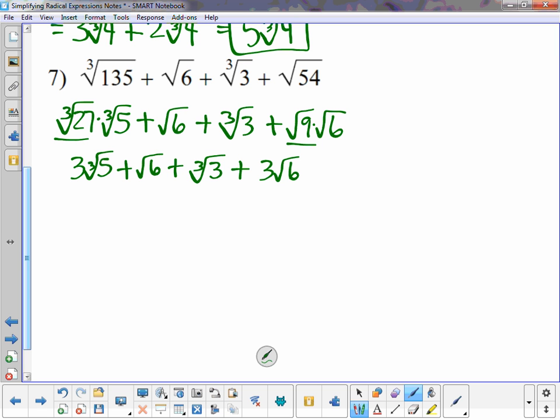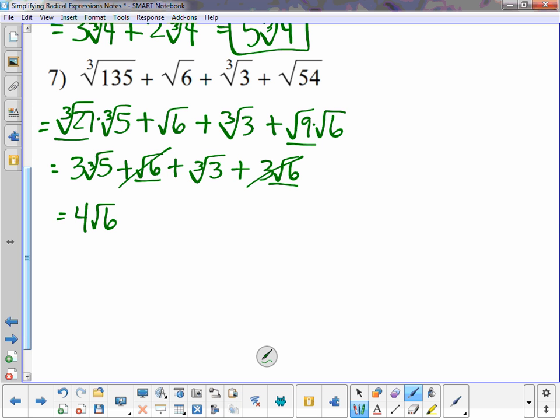Okay, now, do we have any radicals that are alike? Which ones? Yep, the square roots of 6, right? So let's add those. We have 1 square root of 6 plus 3 makes how many? So we have 4 square roots of 6, and then it crosses out now that I've added those together. And then are our cube roots alike?